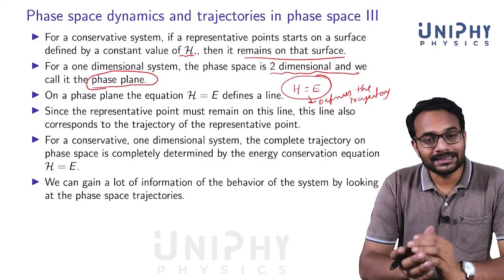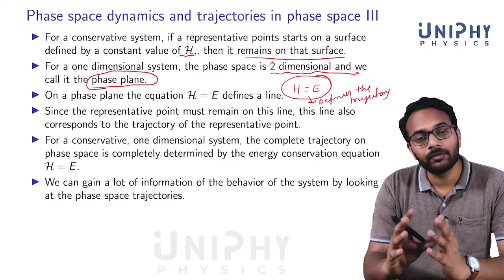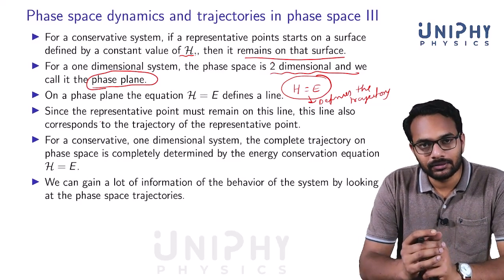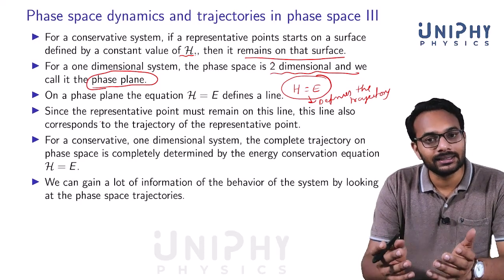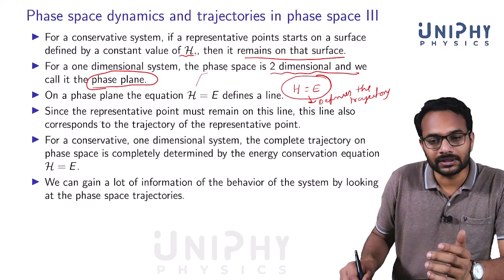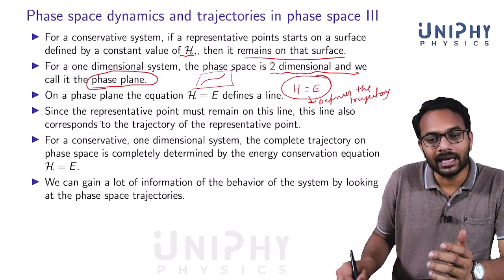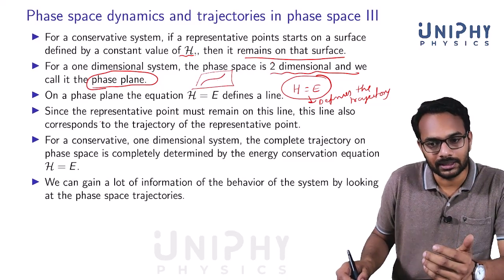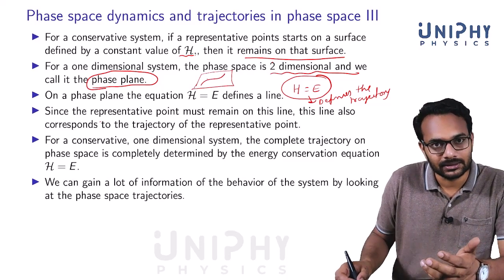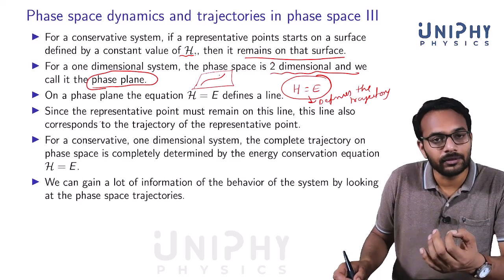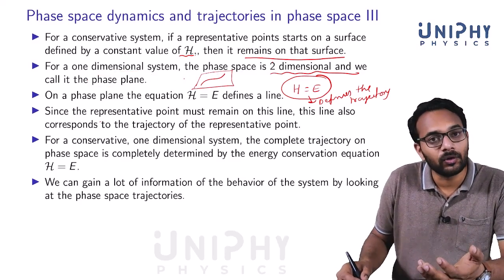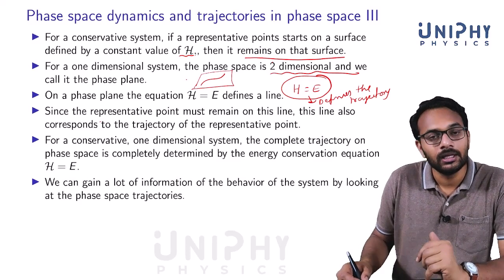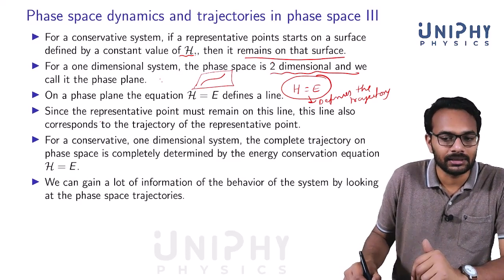If it's, for example, a four-dimensional phase space, the condition for energy conservation will be a surface, and the trajectory will be a line on this surface. For higher-dimensional systems, for example two dimensions, the phase space will be four-dimensional. It's 2n dimensions, isn't it?